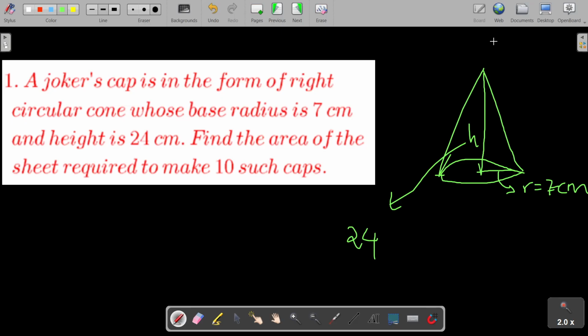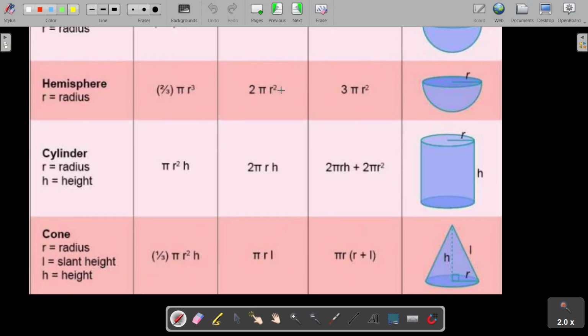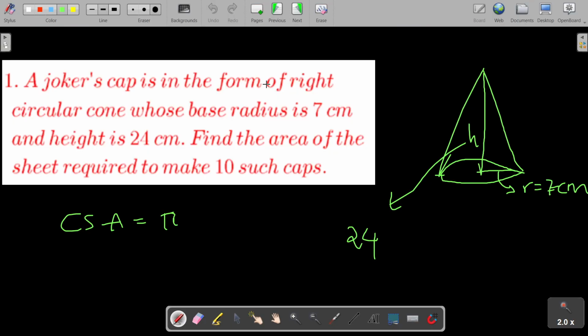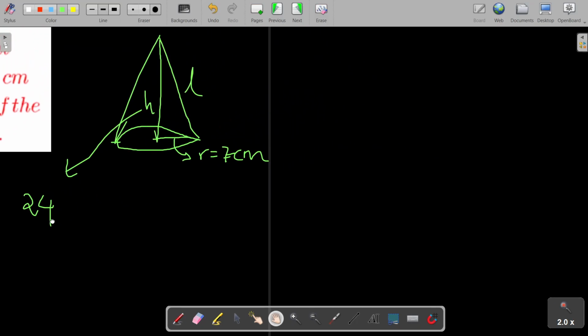In this case, you can see it is not involving any base. So we are dealing with curved surface area, and the curved surface area, CSA, formula for a cone is pi times r times l. L is this length, and we don't know that length.